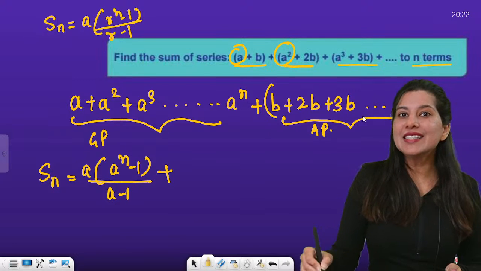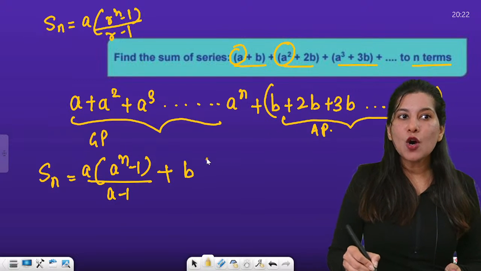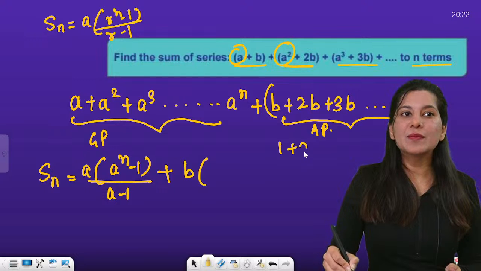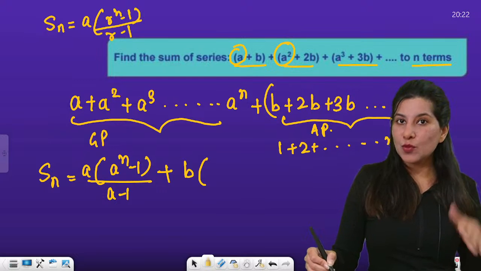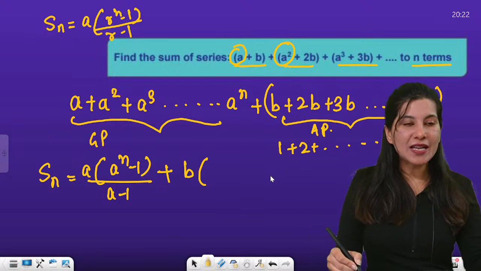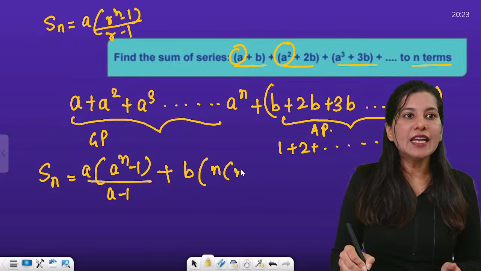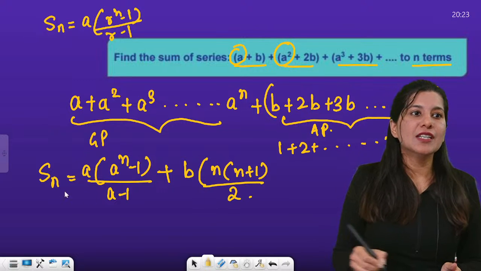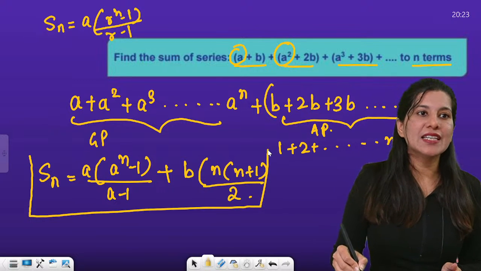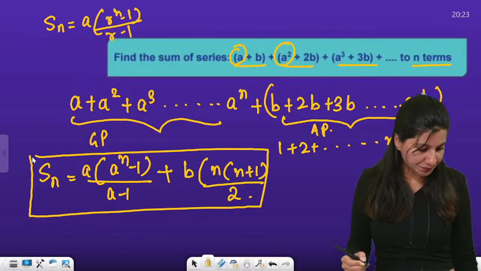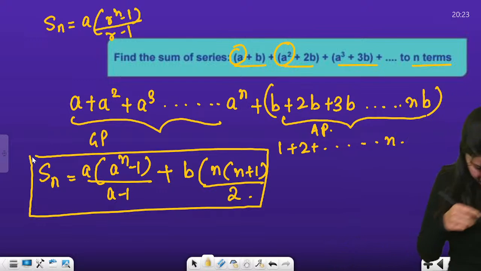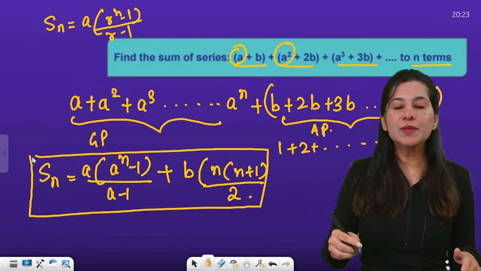Now what about this? If I take b common, it is 1 plus 2 plus 3 all the way up to n. The formula is already there. You can apply the sum of n terms of an AP: n times n plus 1 upon 2. So this is what your sum is. That's how you do it. Clear? Give me a big thumbs up.